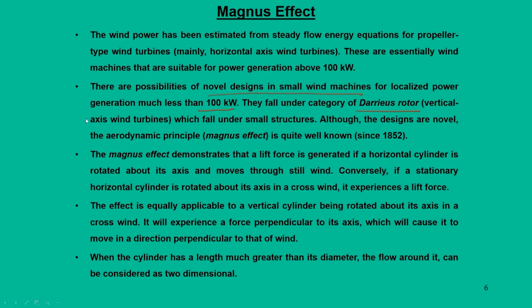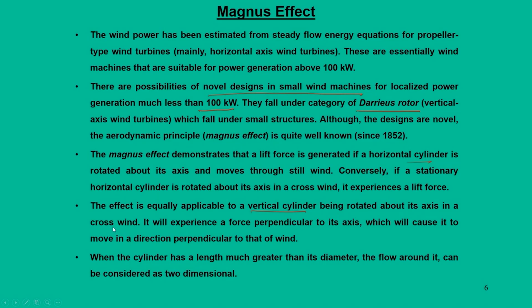So, in other words, this is about the horizontal cylinder. Now, we will try to see if the Magnus effect happens for a vertical cylinder. The effect is equally applicable to a vertical cylinder when it is rotated about an axis in a crosswind.